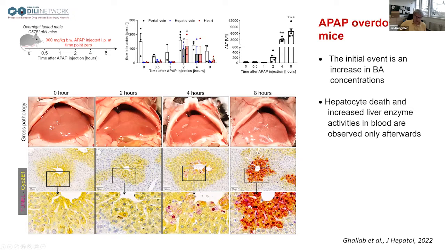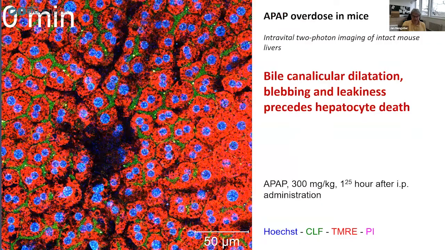We also see from staining of the tissue, for example in the TUNEL assay, but this is only one readout, that dead cells appear only 4 and even more 8 hours after intoxication. So tissue damage occurs after this transient increase of bile acids also in the mice.